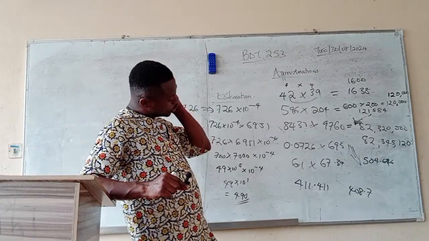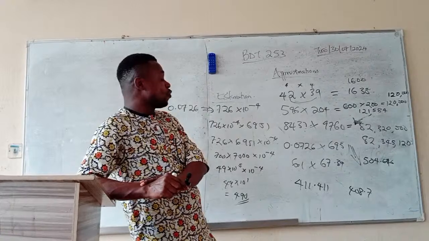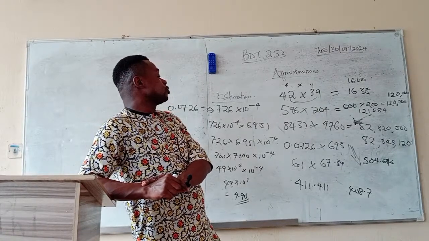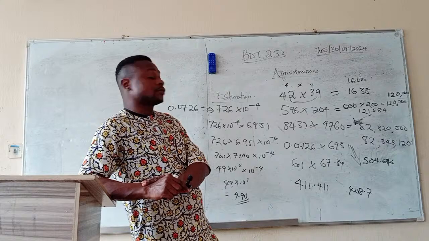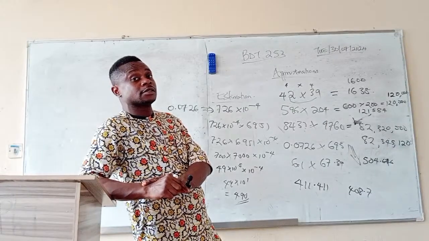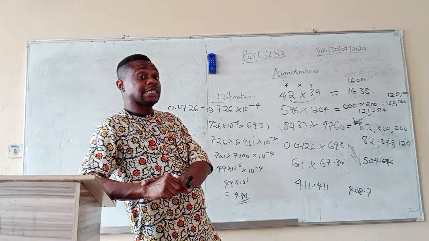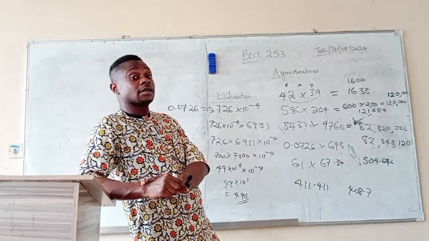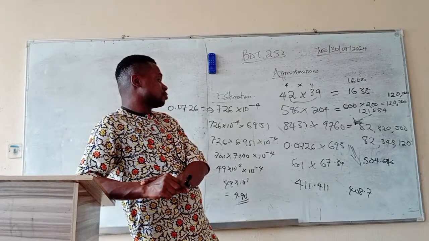But the actual value is 411. 402, 411. What if you do 6 times 7,000? So what's the answer? 420.